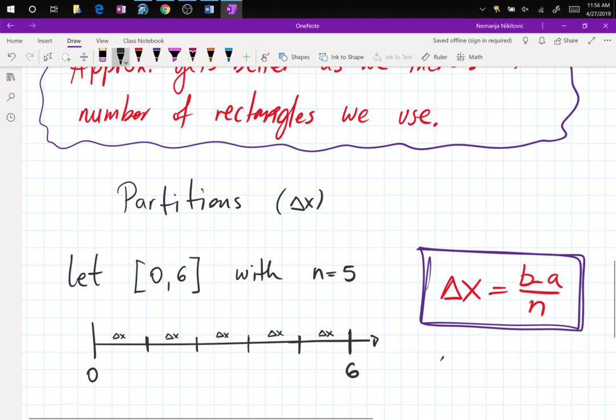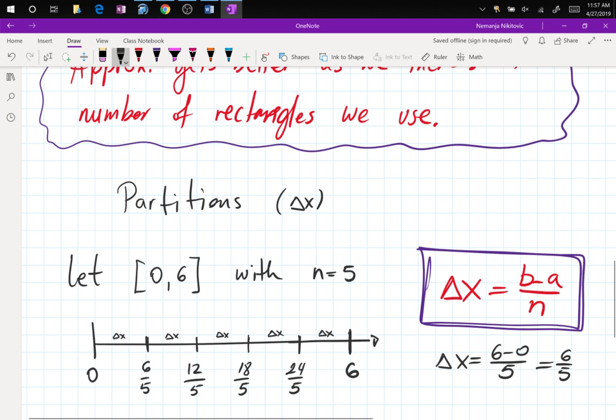So if I use that formula, delta x is 6 minus 0 over 5, which is 6/5. So that's what these are. 6/5 plus another 6/5 is 12/5, plus another is 18/5, plus another is 24/5, and then 24 plus 6 is 30/5.